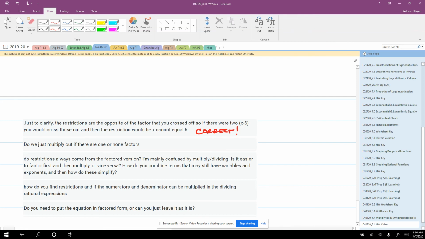Second question, do we just multiply out if there are 1 or no factors? If I'm understanding correctly, it's if there's no factors, you need to multiply out. You do not need to multiply out. Multiplication, division, you don't need to multiply it out, don't need to in order to cancel out.